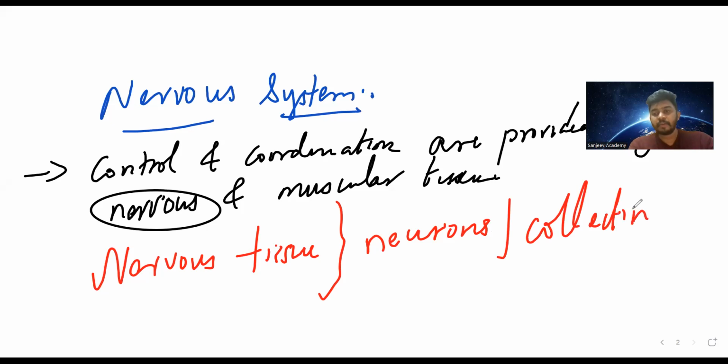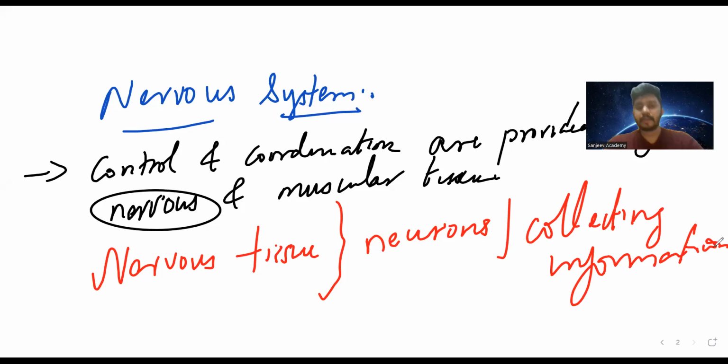Suppose I'm teaching you about the nervous system. Your brain starts collecting the information, but we generally say brain, while actually what is collecting information? Neurons. You got the point.